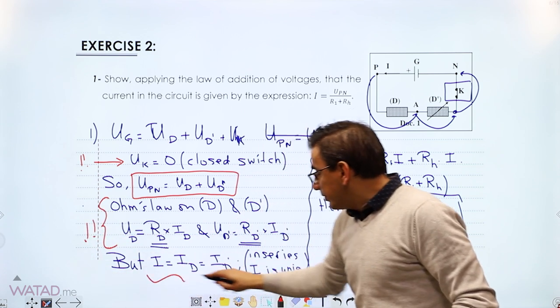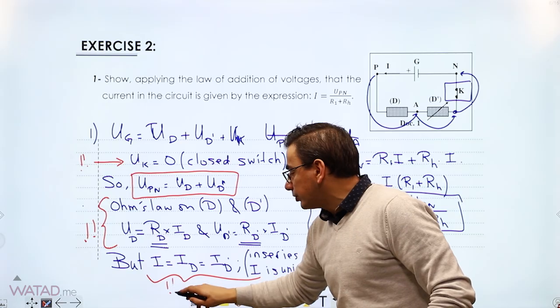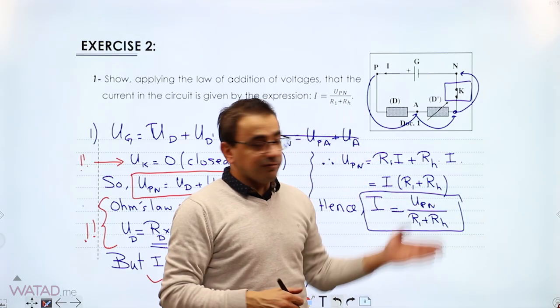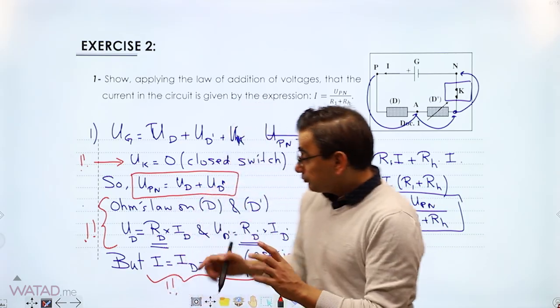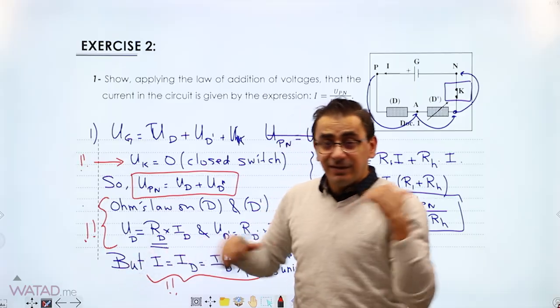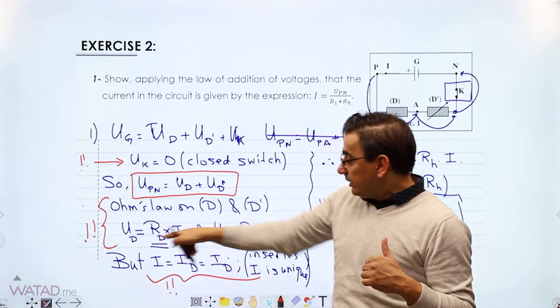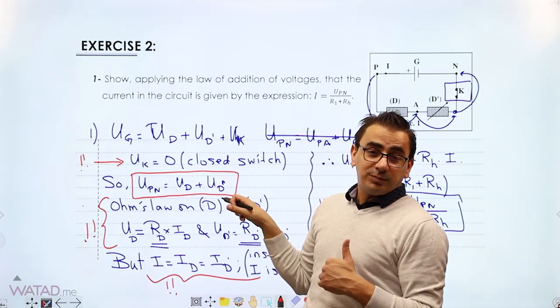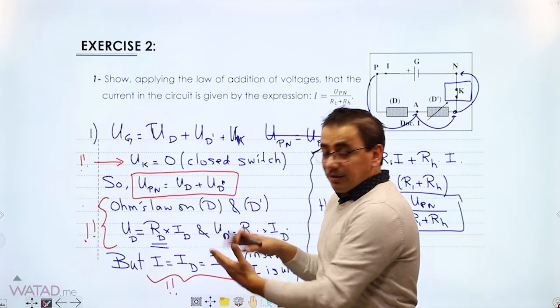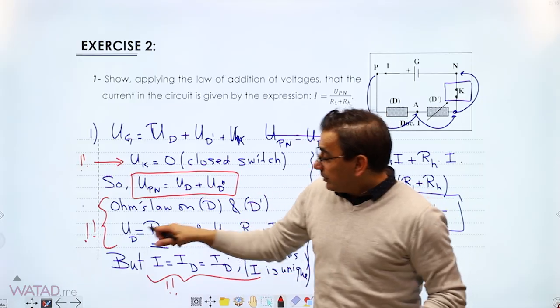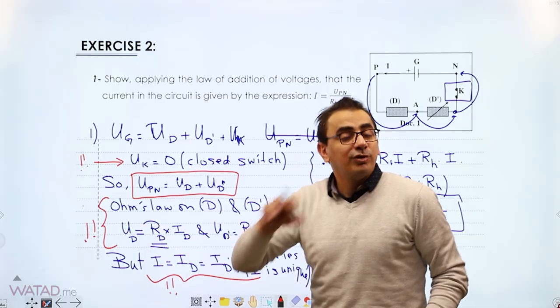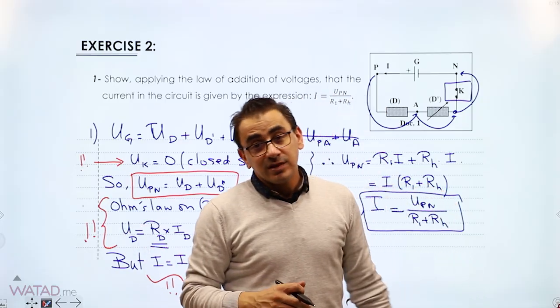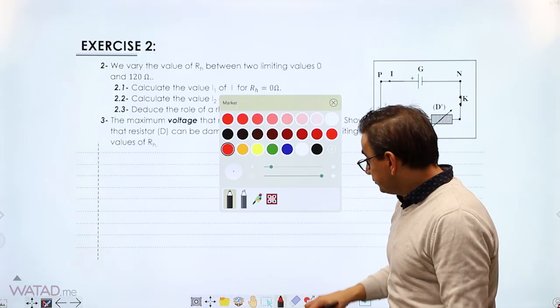Then, using the uniqueness of current is also important. The remaining part is trivial, I think. Whether you replace this in the equation U equals UD plus UD prime and then isolate I, it's also the same. So whether you switch the order of them or not, it's definitely correct. Let's move to the following part.